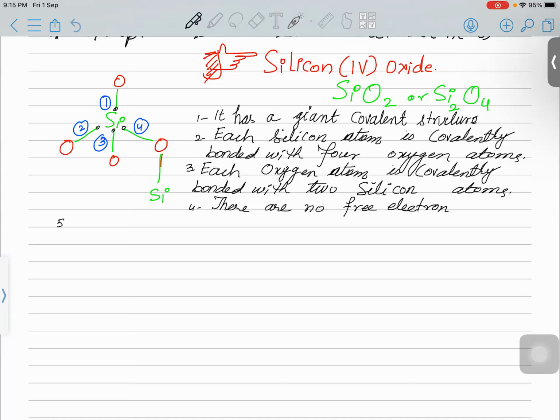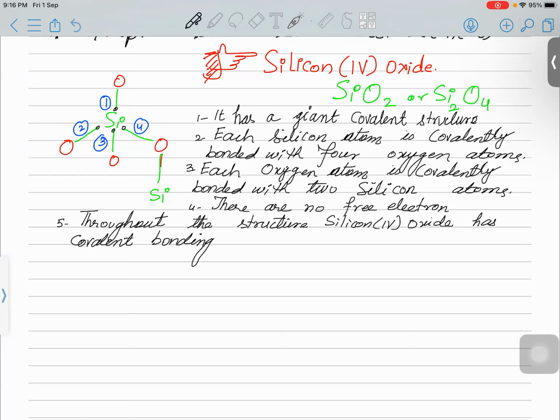Number 5: throughout the structure, silicon dioxide has covalent bonding.